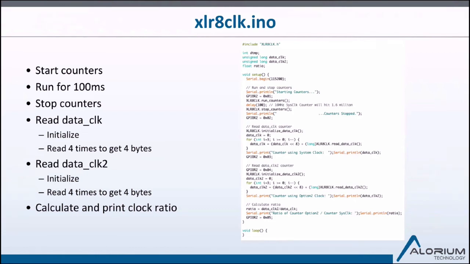Next, we read the counter values back by first calling initialize data clock, and then doing 4 reads of the data clock and assembling our 32-bit counter value. We do that for both of the counters to get both counter values, and we print those out. Then we calculate the ratio of those two counters, and hopefully the value we get is the ratio we expect of the two clocks.